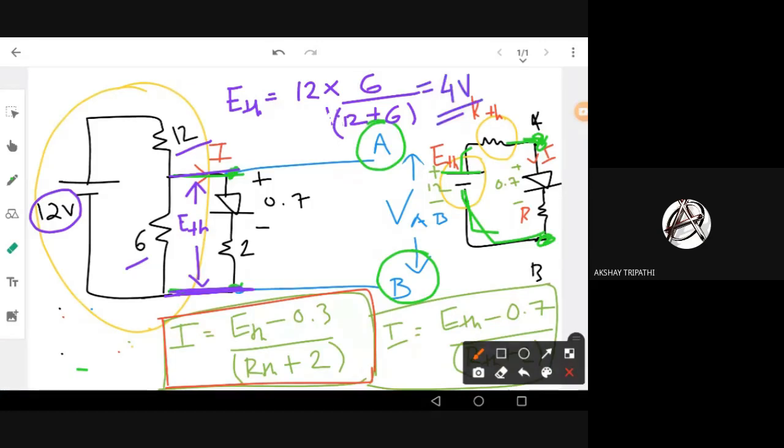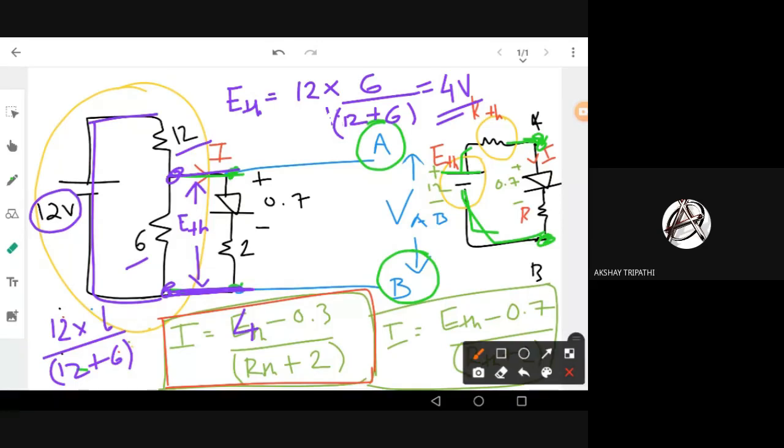So this is 4, 4 minus 0.3. Now what is the Thevenin resistance? We know how to find the Thevenin resistance. We see the resistance across A and B. Across A and B there are two resistances, and we have to short circuit the voltage source. So this is 12 parallel 6: 12 into 6 divided by 12 plus 6. 12 plus 6 is 18, so 2 by 3 into 6, 12 by 3.